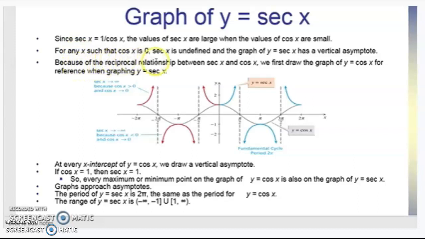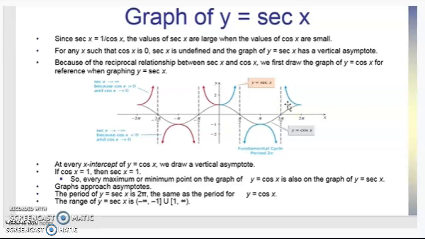Because of the reciprocal relationship between secant x and cosine x, we first draw the graph of y equals cosine x for reference when graphing y equals secant x. Of course, in a previous lesson, you have already learned how to graph the cosine function. It is graphed here again for reference.